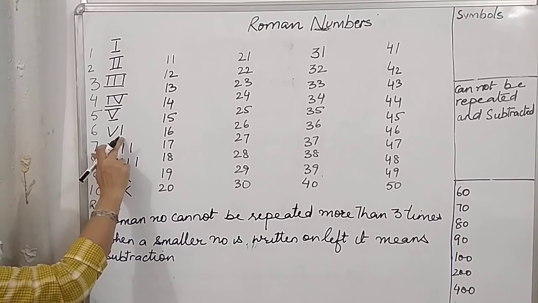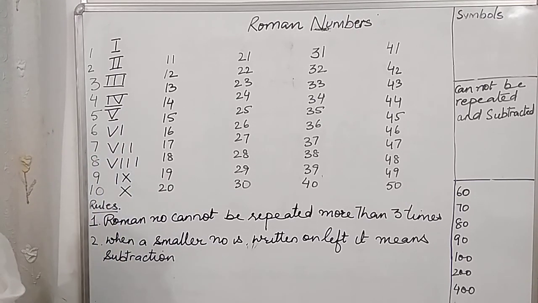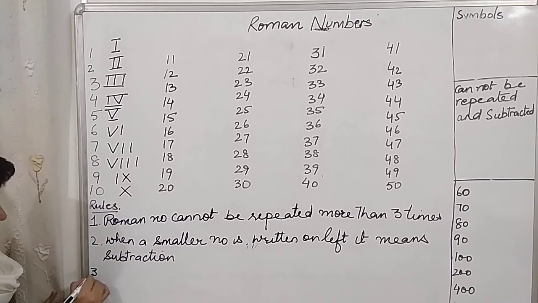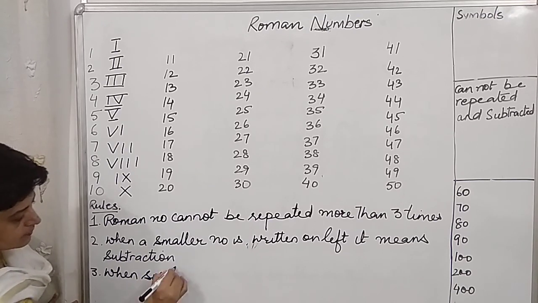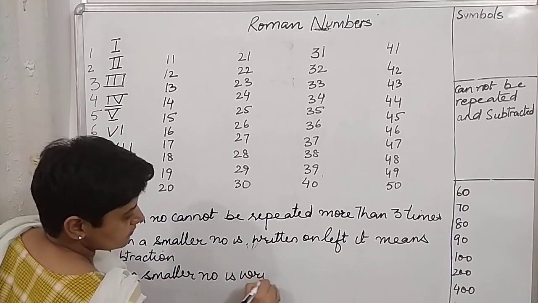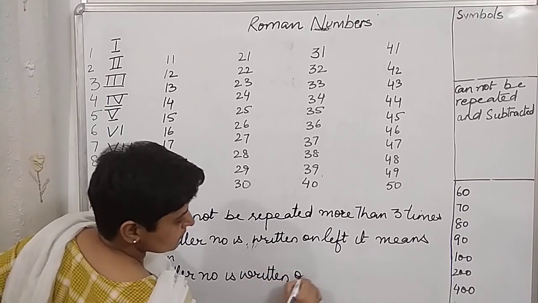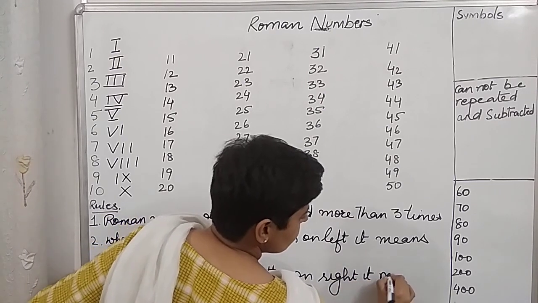And when a smaller number is written on the right of a bigger number, it means addition.